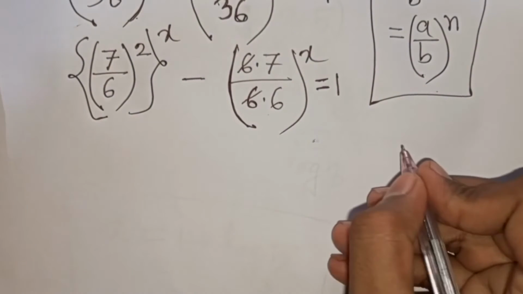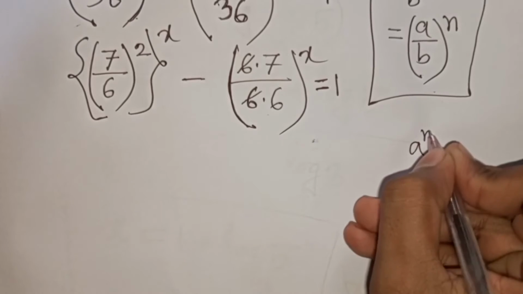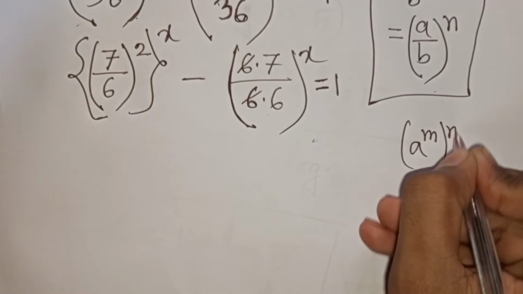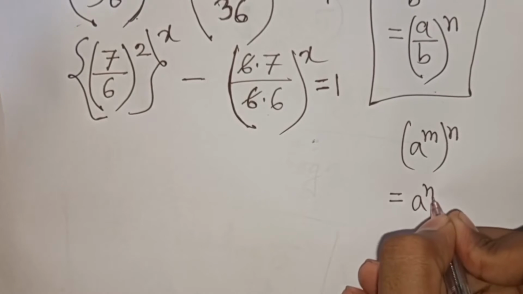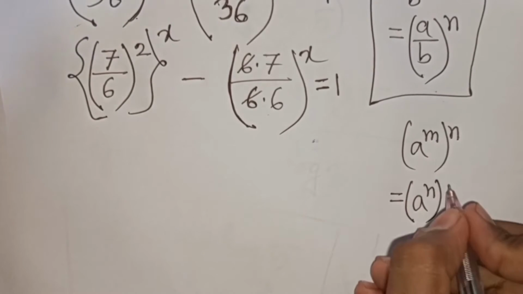Now here you can apply the rule that a power m bracket power n is equal to a power n bracket power m.